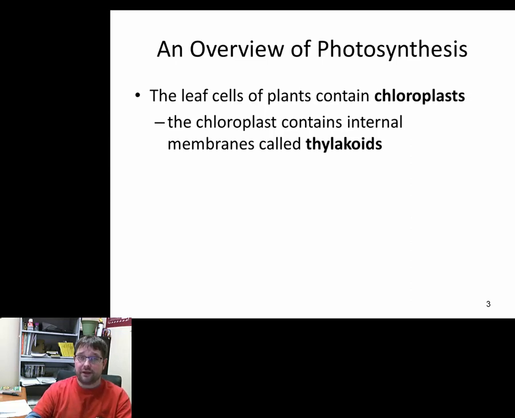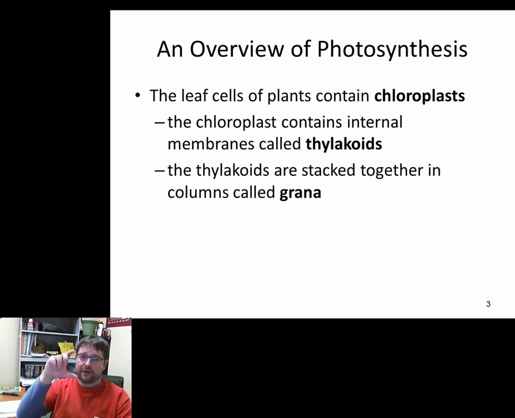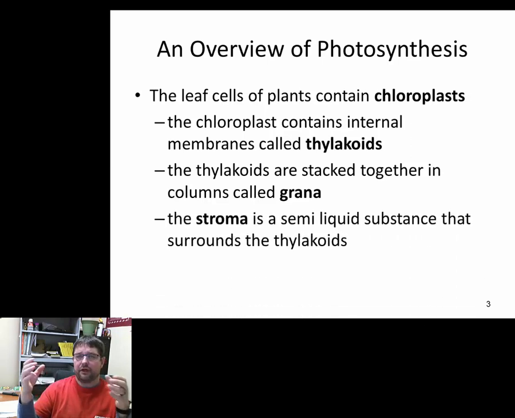Chloroplasts contain internal membranes. Inside the organelle, they have these membranes which we often call thylakoid sacs. If you take a bunch of these thylakoid sacs and stack them together, we call that a grana or granum. The space in between the grana is called stroma.